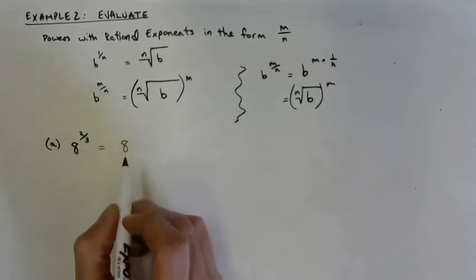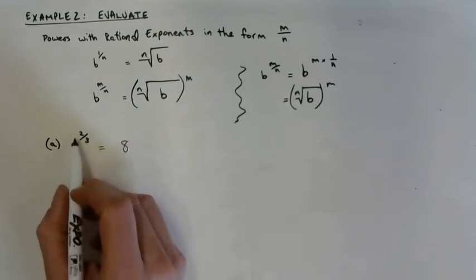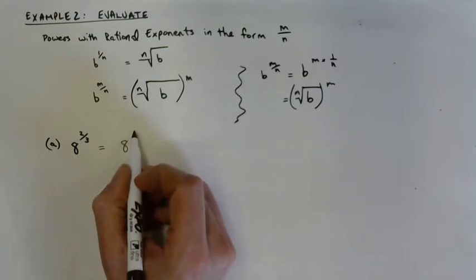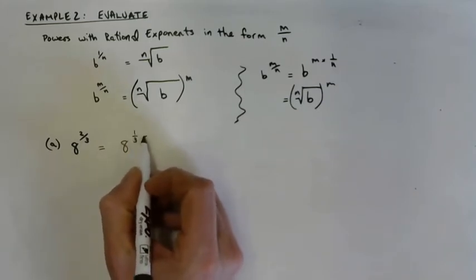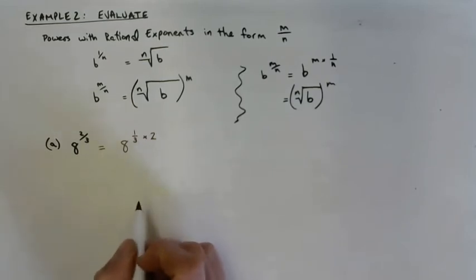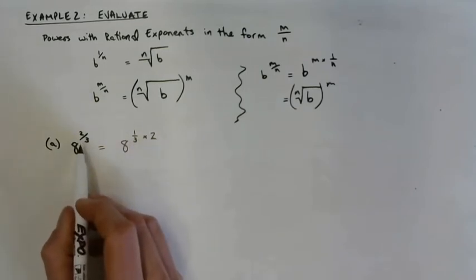So this is the same as, according to the laws of exponents, we can express 2/3 as 1/3 times 2. Okay? Can you argue with that? 2 times 1/3 is 2/3. We're all in agreement there?